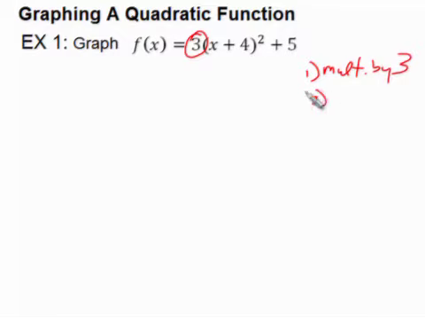The second transformation is this added 4. This will cause the graph to be moved left 4. Since the 4 is with the x, it transforms it in the horizontal direction. The added 5 on the outside causes the graph to move up 5.